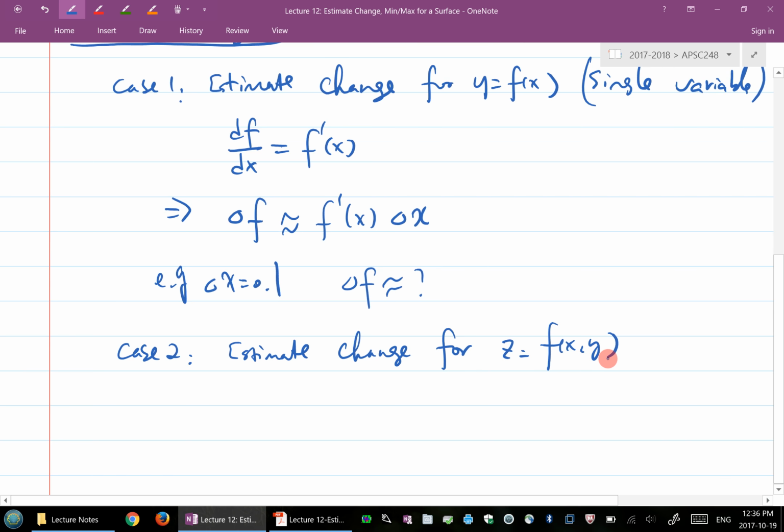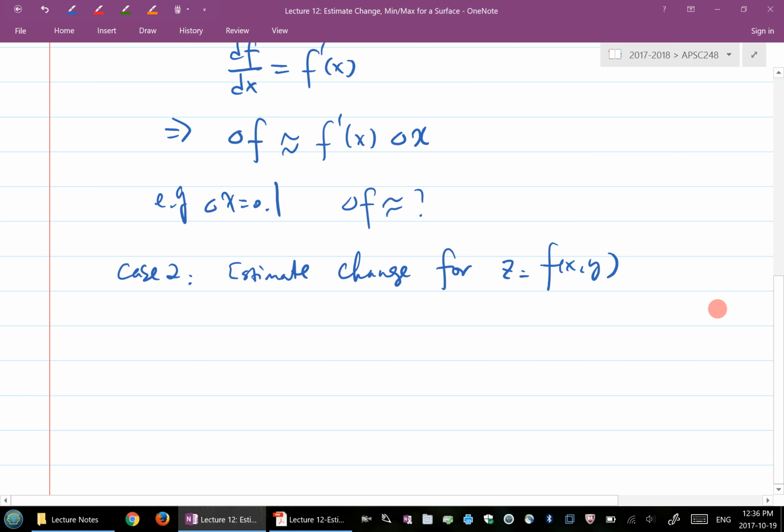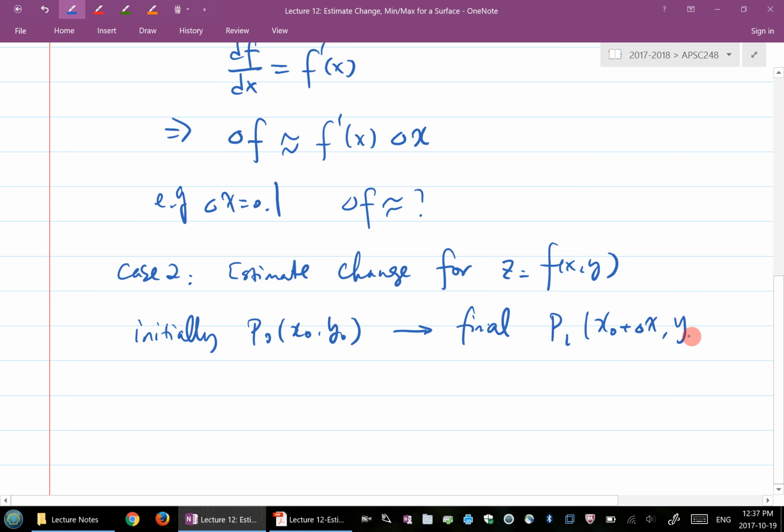Okay, so let's say we have a function of two variables here, and we actually solved this already. In this case, the proper formulation of the problem will be: initially you are at a P0 location, and now go to the final location, let's call it P1, and you basically give a small change to the x and y component.